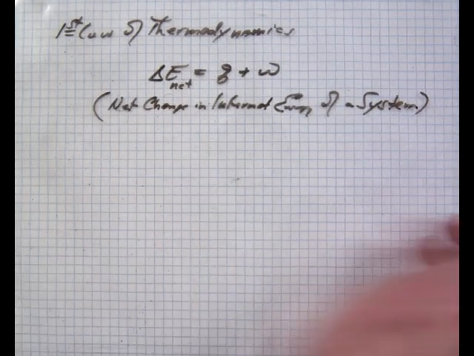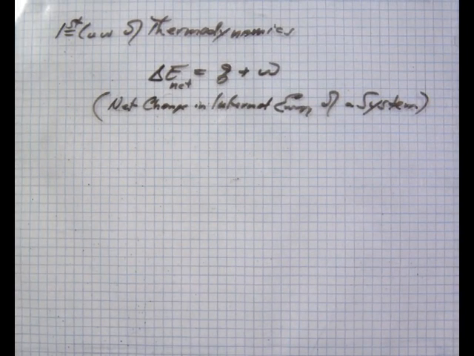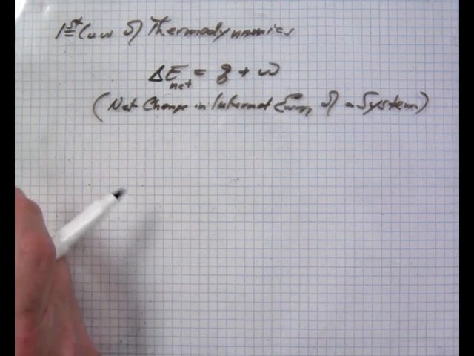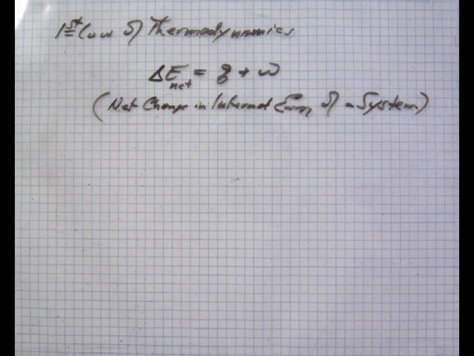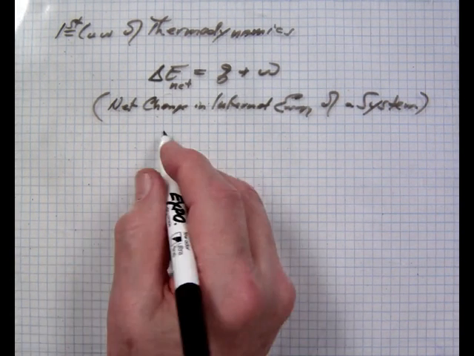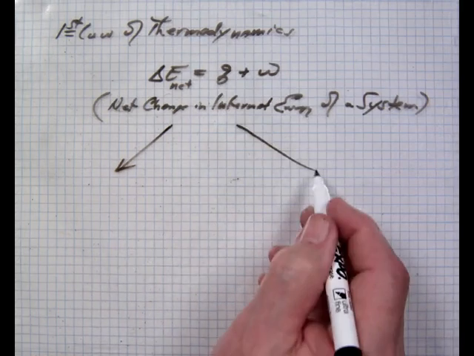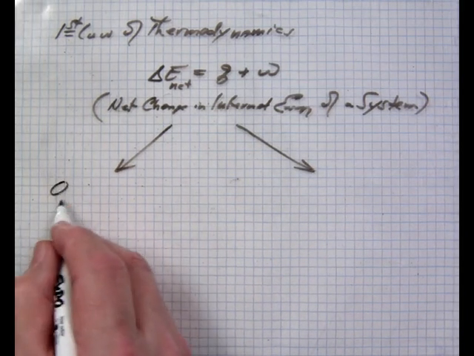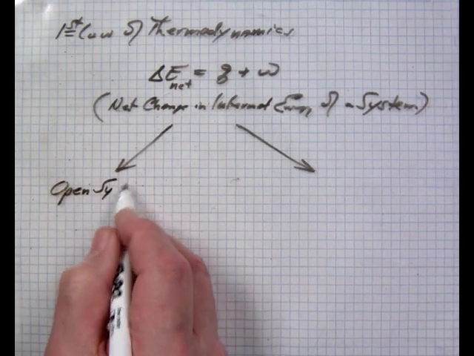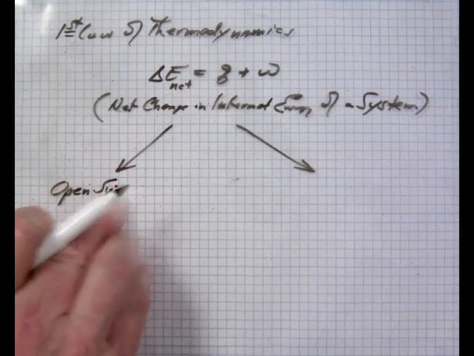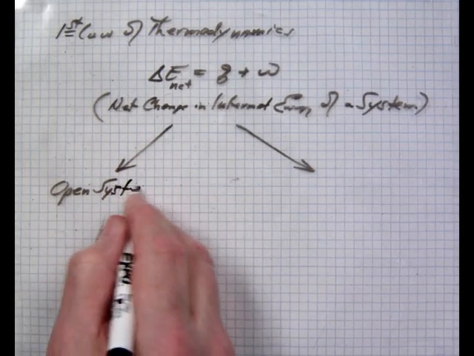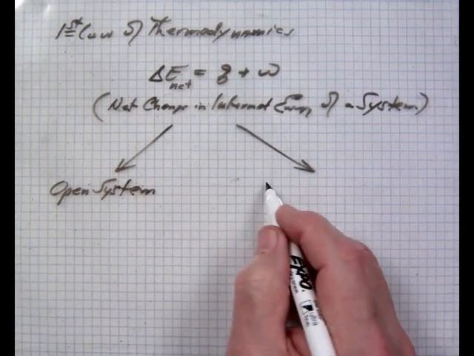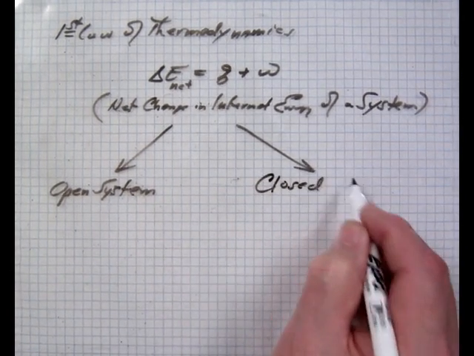To be more specific, of the system that you are looking at. Now, in determining the net change in internal energy, you have to determine whether the system is an open system or a closed system.